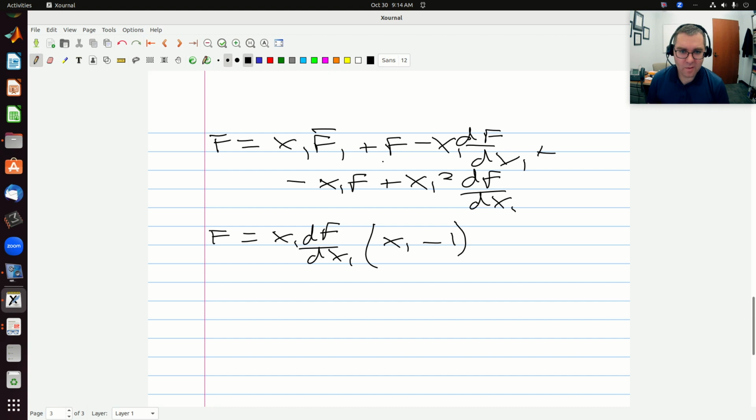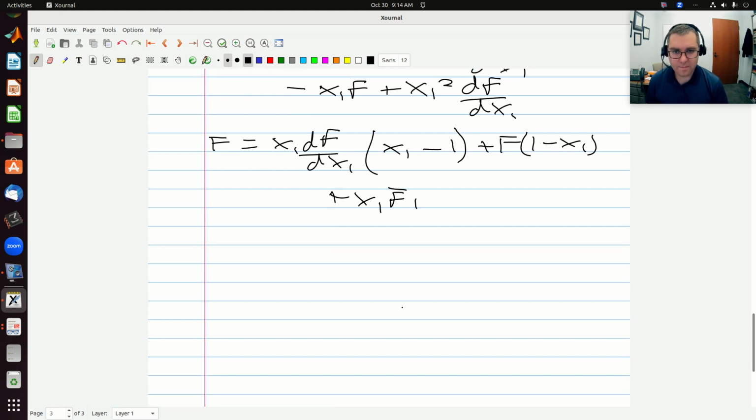So that takes care of these two terms. And then I'm going to do the same thing with f: I'm going to have f, and it's going to be a 1 minus x1. So that takes care of these two terms. And then plus x1 f bar 1. Okay, cool. So I'm going to do a couple more things.